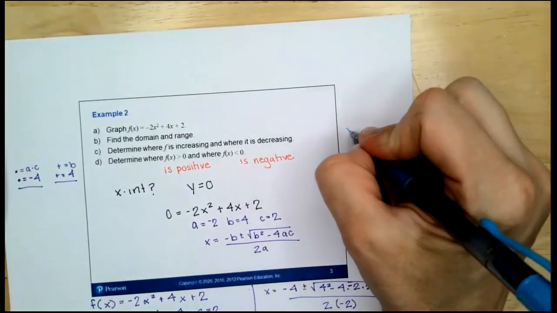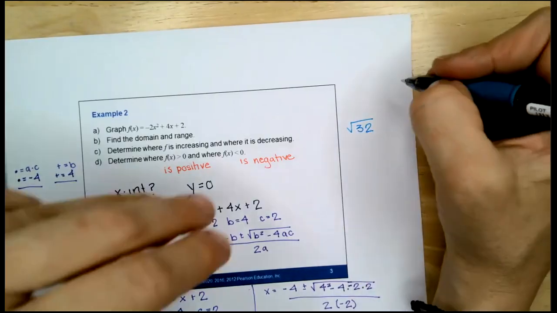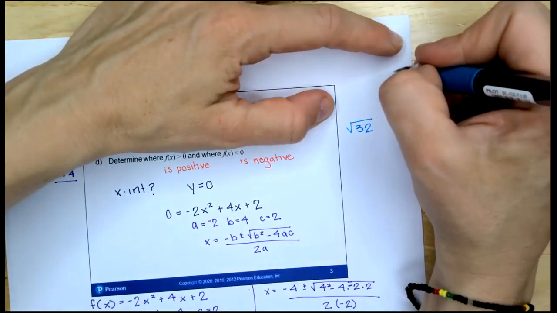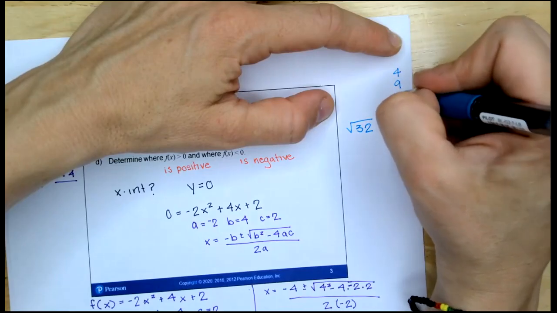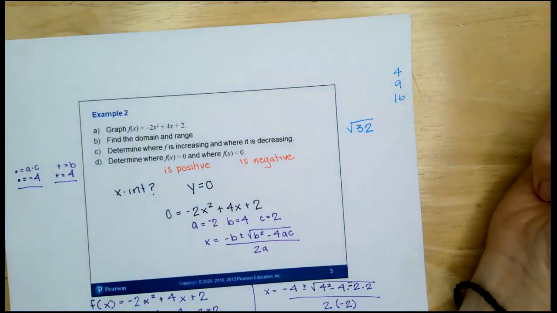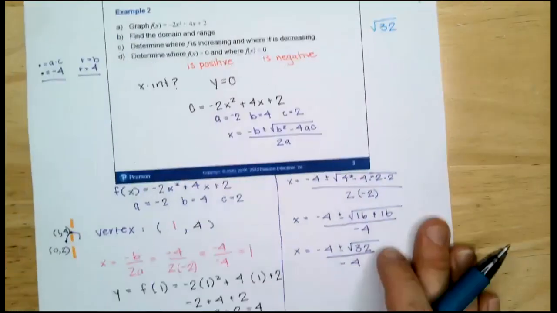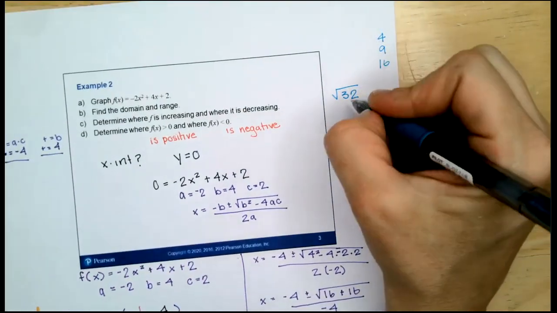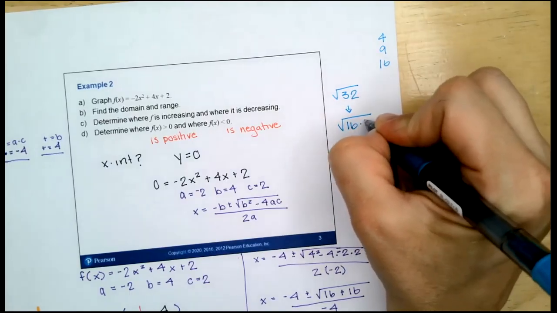Take that 32 and make sure you can't simplify the square root of 32. What are perfect squares that you might be able to factor out of the square root of 32? You could factor out a 4. Could you factor out a 9? Could you factor out a 16? It seems pretty likely that we will be able to factor out a 16 since it was 16 plus 16, or 16 times 2, right? So 32 becomes 16 times 2.